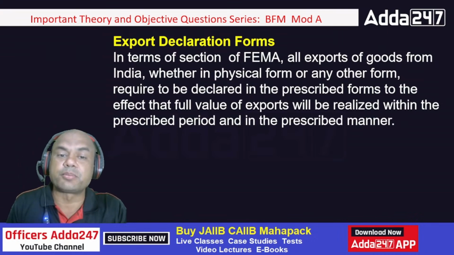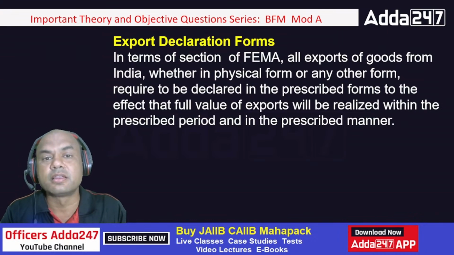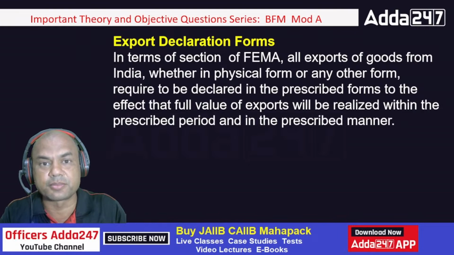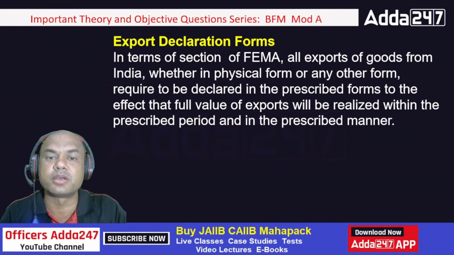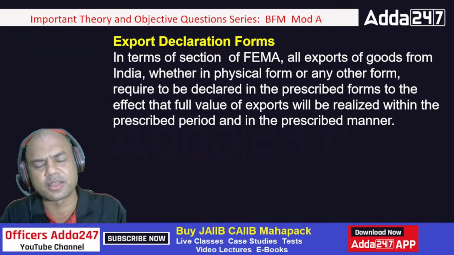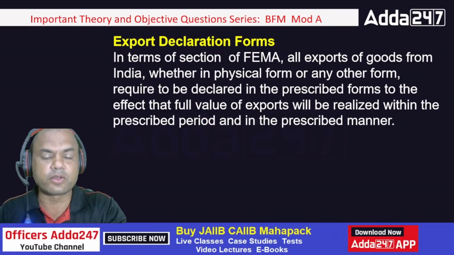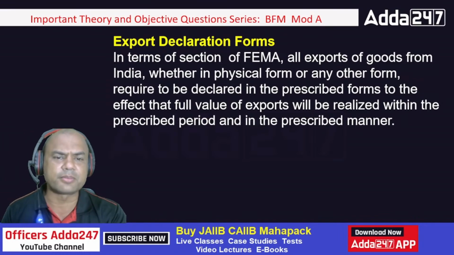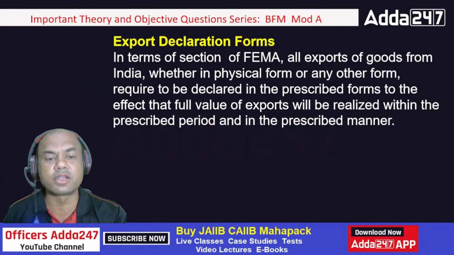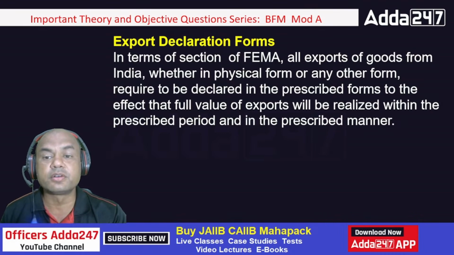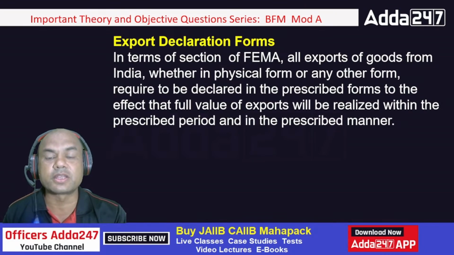Anyone paying you from another country will always pay you in dollars, because that is the base currency used throughout the world nowadays. So this export declaration form is for that only.